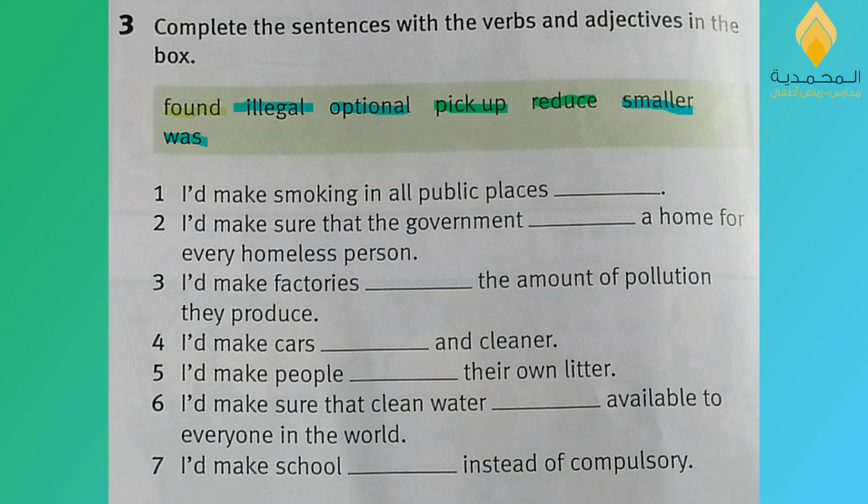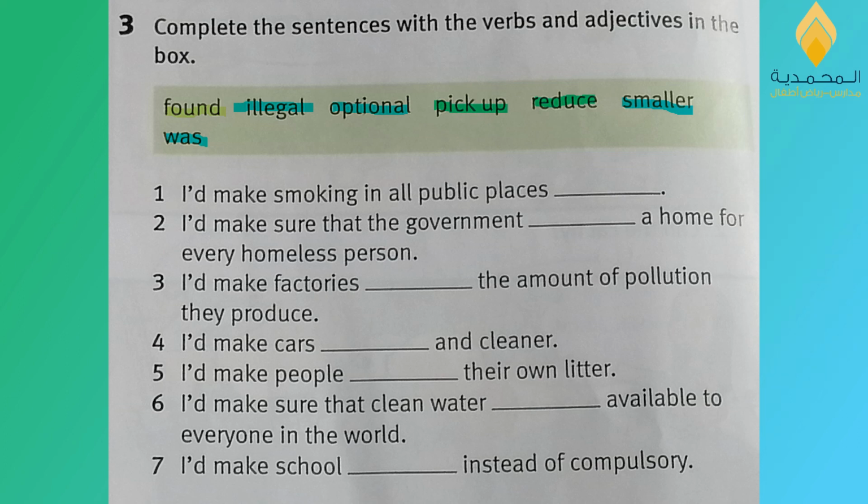The verb is reduce. 4. I'd make cars dash and cleaner. What are we going to make cars? Smaller, because big cars consume a lot of petrol. 5. I'd make people dash their own litter. Litter means your rubbish, your papers, things that you don't need. So what would be the verb?